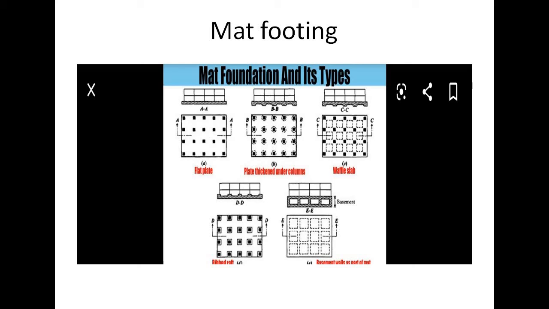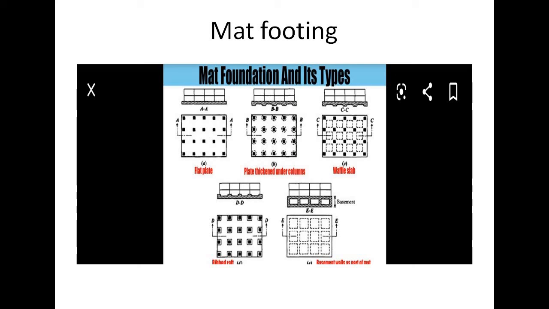A mat foundation is also called a raft foundation. It is a large slab supporting a number of columns and walls under the entire structure, or a large part of the structure. A mat is required when the allowable soil pressure is low or where the columns and walls are so close that individual footings would overlap and nearly touch each other.